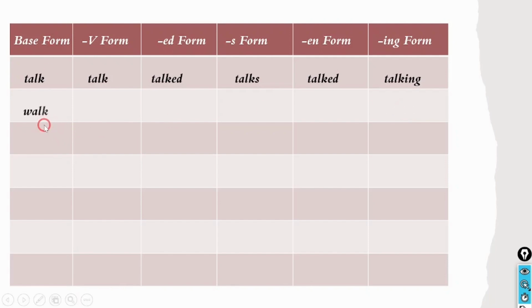So like another one, walk. Walk and the V form are the same. It will be walk, just like that. But to walk, if we add ed, it becomes walked, meaning the walking happened in the past.